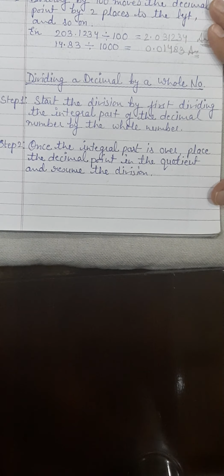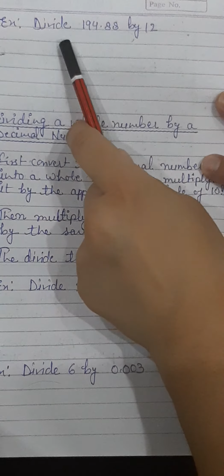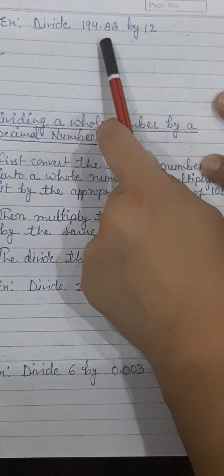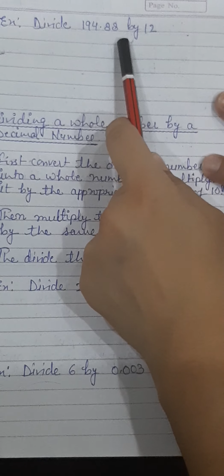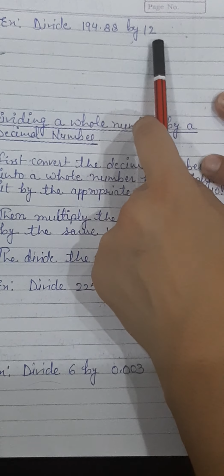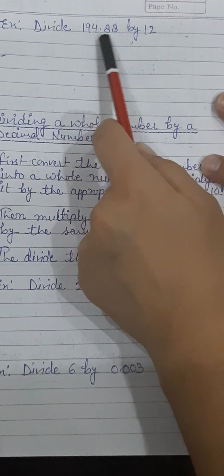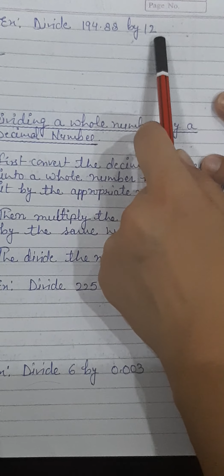So by taking an example I will explain. Now divide 194.88 by 12.